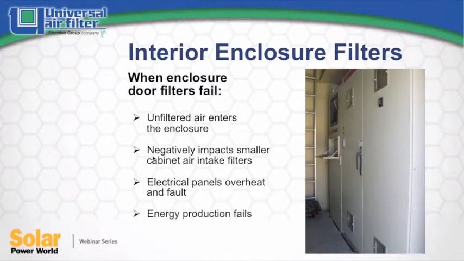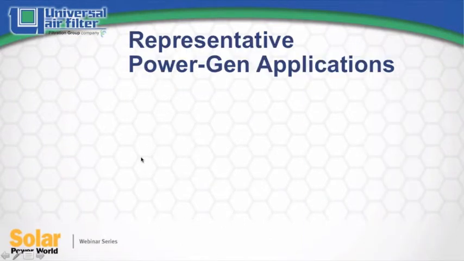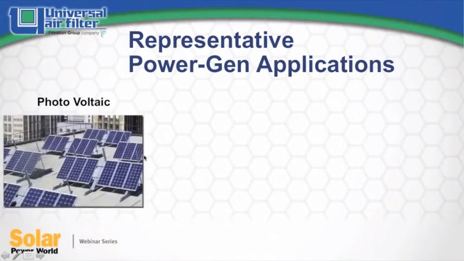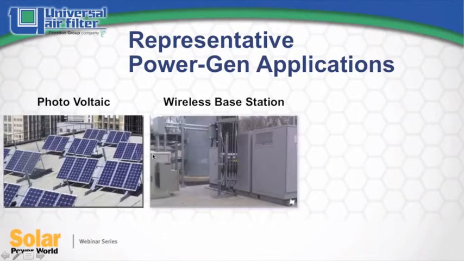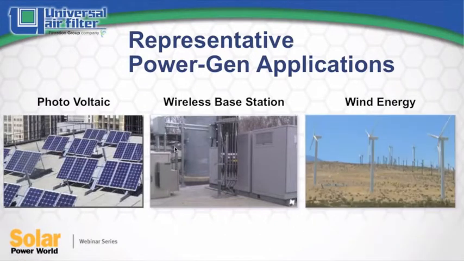Not good at all. For general reference, it should be noted that in addition to solar systems, you will also find electronics, electrical equipment equipped with air filters in telco networks and in wind power systems as well.